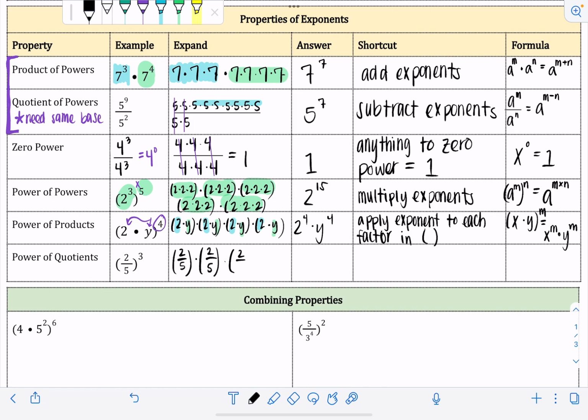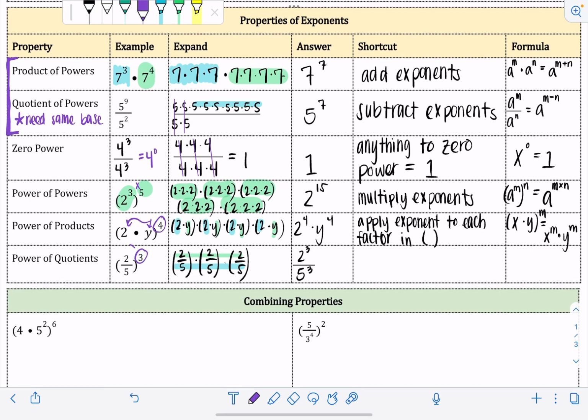times 2/5. And then in the numerator, I have 1, 2, 3 2's being multiplied together, so that's 2 to the third power. And in the denominator, I have 1, 2, 3 5's being multiplied together, so that's 5 to the third power. So it looks like the same thing happened here as with the last type of property, where this power just went to both of them.